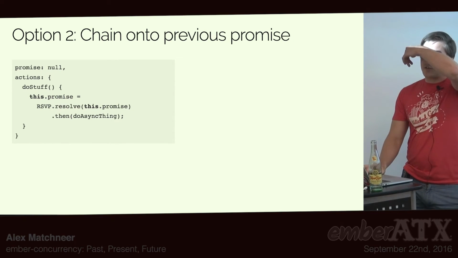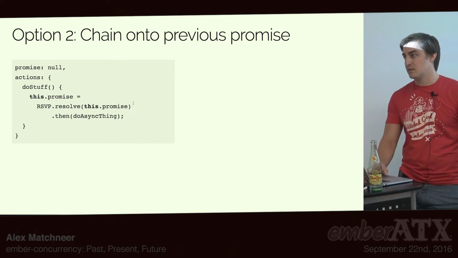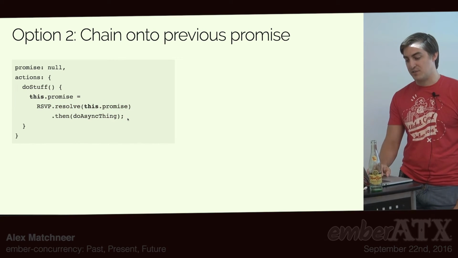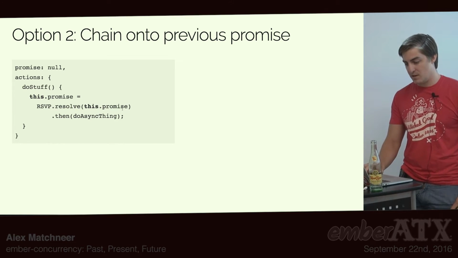The other way is to use promises and only do an async thing when a previous promise doing the async thing has finished. So you're basically making a promise chain, which is actually a reasonably concise, terse way of expressing it, but it's not that obvious what it's doing, and usually when people do something like this, it ends up even uglier.